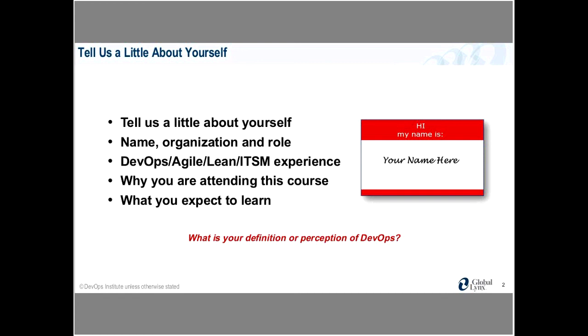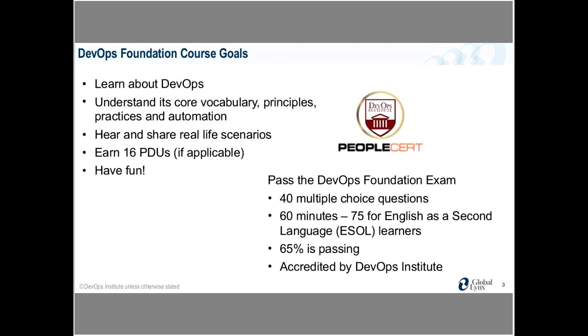So let's move ahead then. The idea of this DevOps Foundation class is that we're going to learn about DevOps and its vocabulary. Vocabulary is very important because if you're not using the same terminology, for example, in dev and in ops, then there are communication problems.